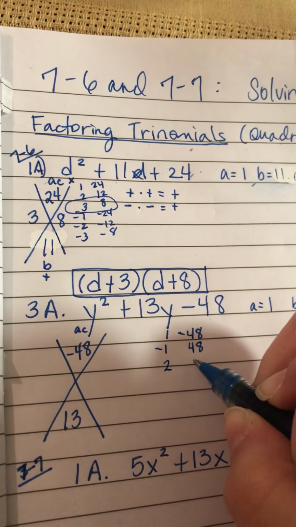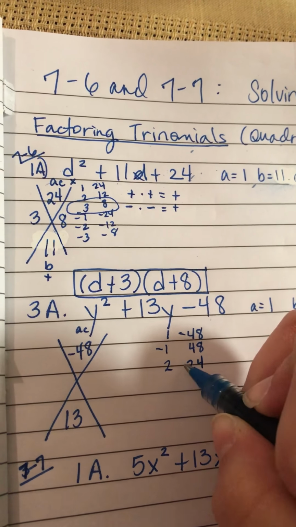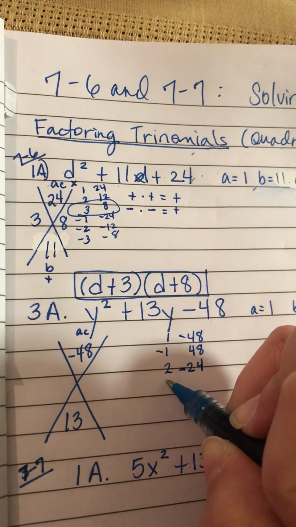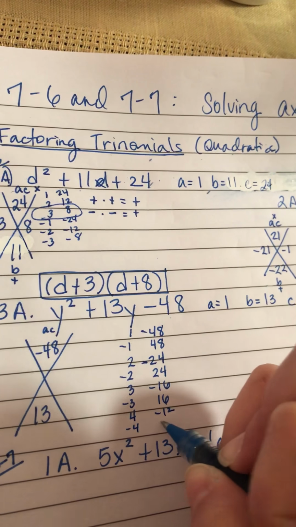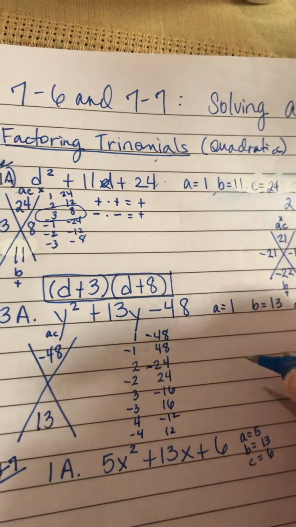Same thing with 2 and 24. One of them has to be negative. So I'm going to write both. 3 and 16. 4 and 12. And then you can keep going. There's 6 and 8 still.